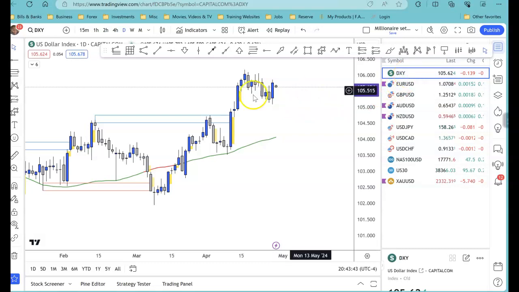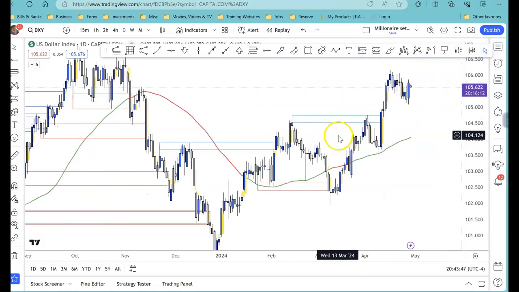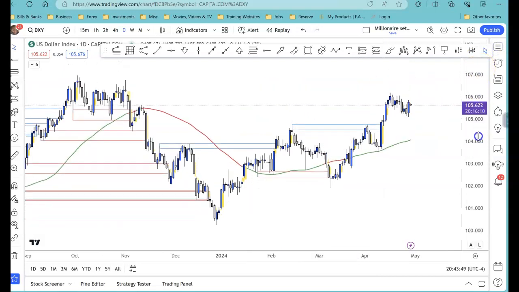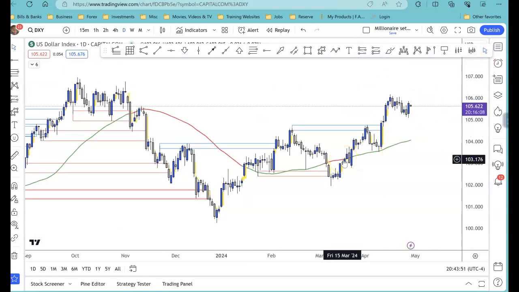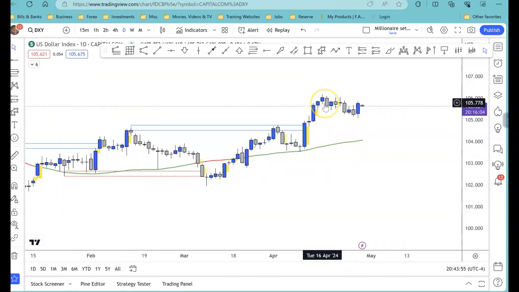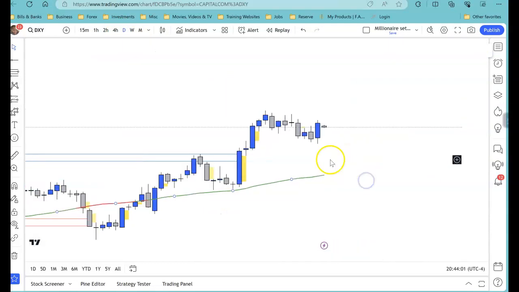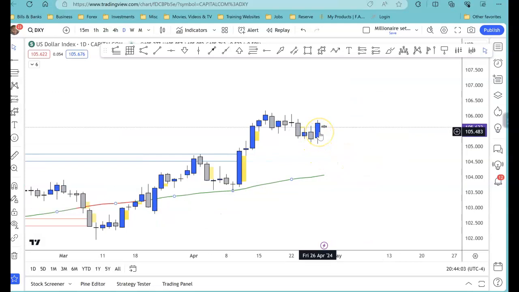Now, the first thing you should be doing is analyzing what the dollar is doing in the market when you open up your charts. Most recently on the daily time frame, the market created a new high.